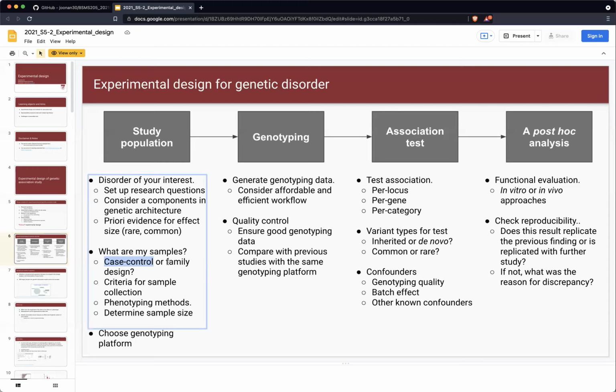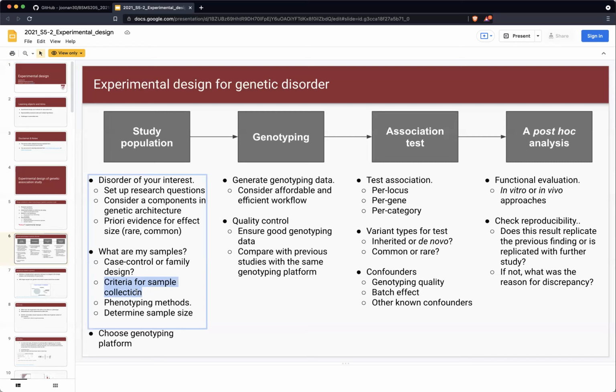In that case, we say it is a family-based design for the experiment. And also, when you talk about your samples, you have to make sure how to select them. So you have to suggest the criteria for sample collection, and this criteria also has to contain the phenotyping method, right?